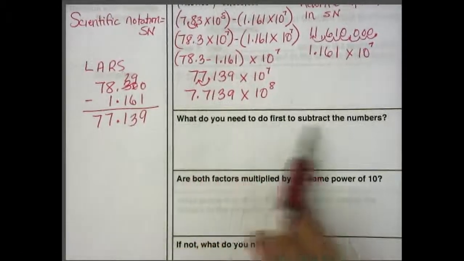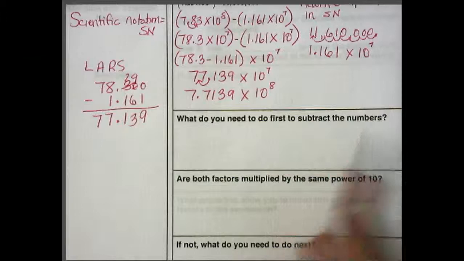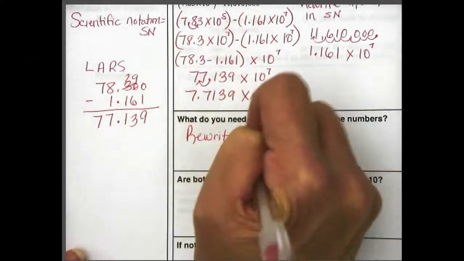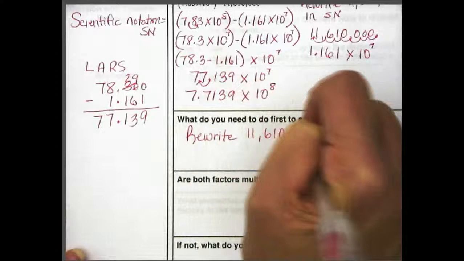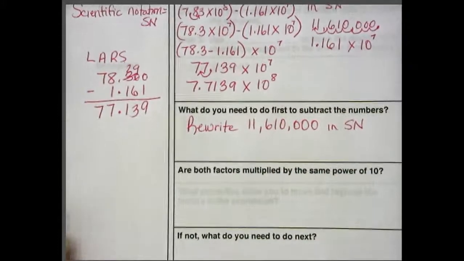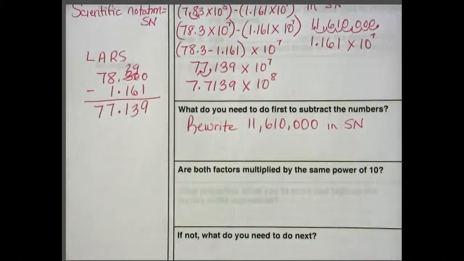So what do you need to do first to subtract the numbers? Well, first I had to rewrite 11,610,000 in scientific notation. Second question, are both factors multiplied by the same power of 10?